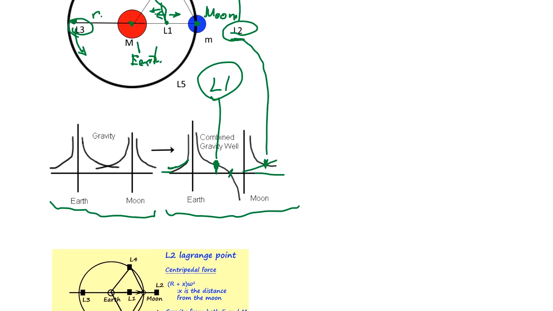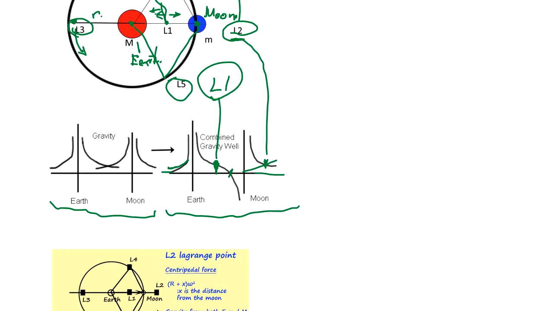Then there are the Lagrange points L4 and L5. So what is it? You have gravity here and here, two gravities, but you have a centrifugal force because it's also moving along the moon orbit, and that happens to balance out.